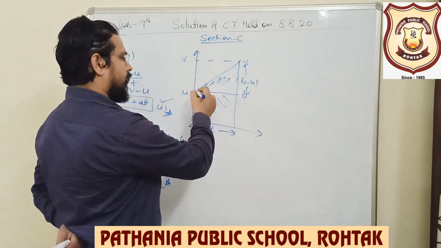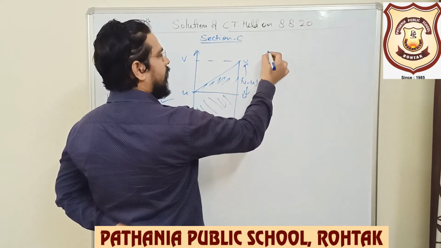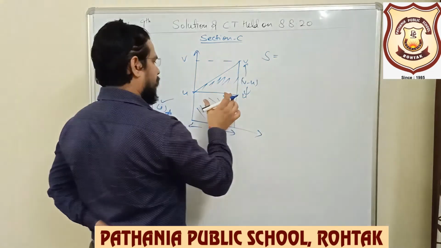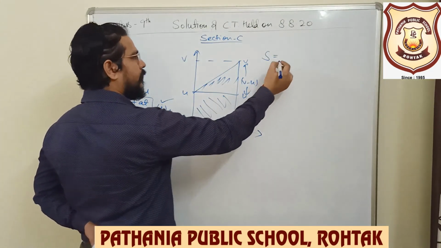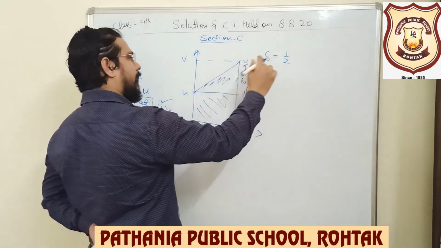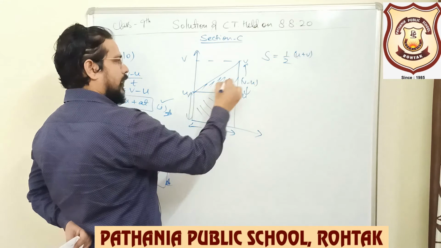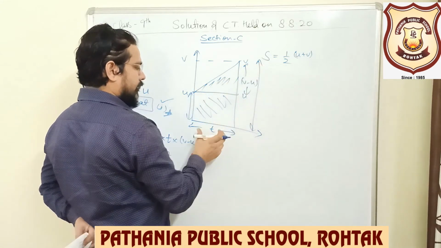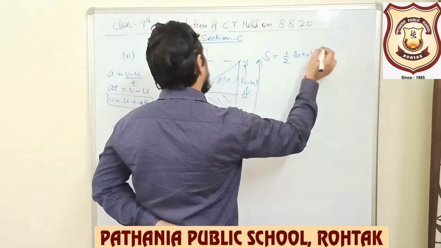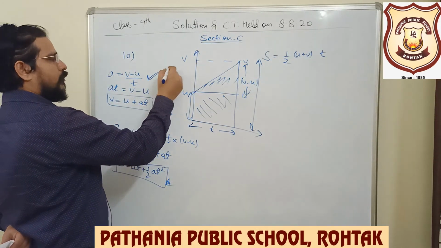The area can also be calculated by the formula for the area of a trapezium. Area of trapezium is half into the sum of parallel sides into the distance between them. The sum of parallel sides is u plus v, because one side is u and the other side is v. The distance between them is t, and we can write t as v minus u divided by a from our first equation.